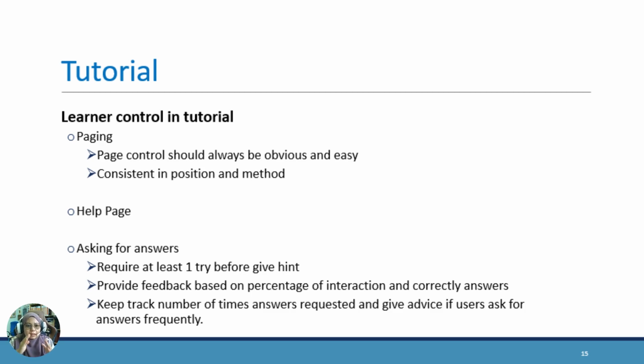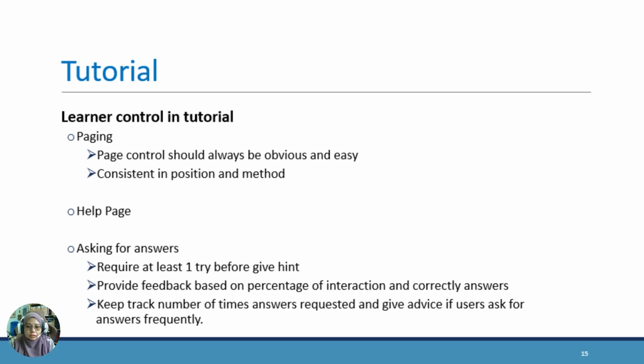And it must be consistent in position and methods. If you put the navigation button here, then in the next page you cannot put it somewhere else. You must have a consistent position and method.